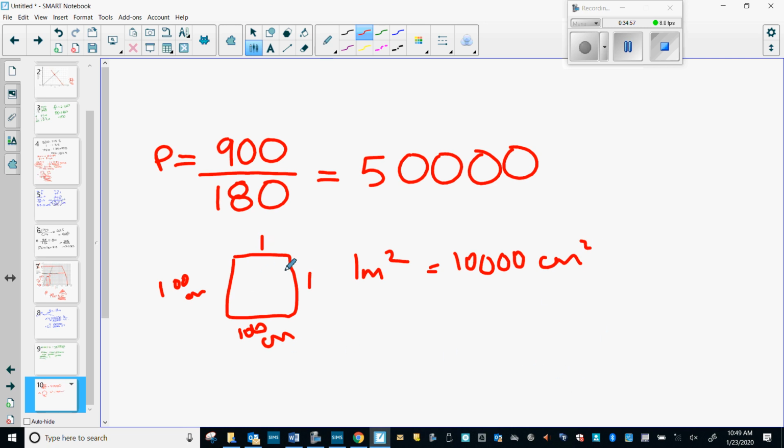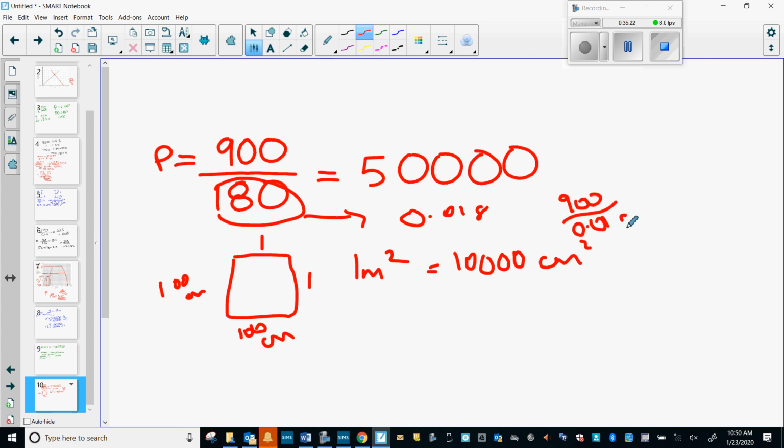So 1 meter squared is actually 10,000 centimeters squared. You don't just multiply or divide by 100 when converting these measurements, it's by 10,000. So this 180, you divide by 10,000 and get 0.018. And 900 divided by 0.018 gives you this answer here.